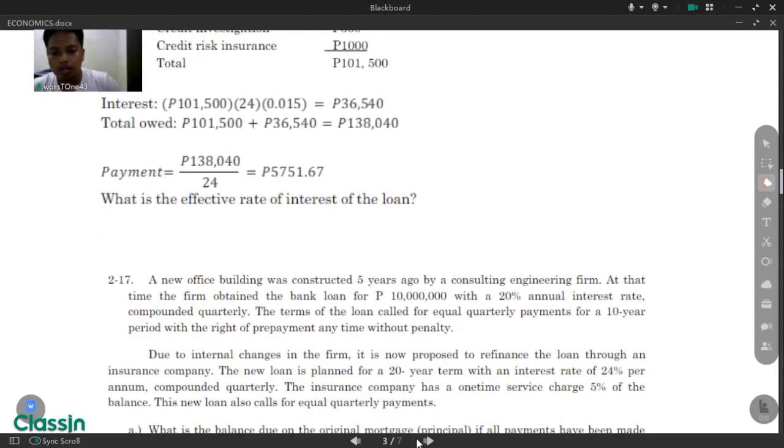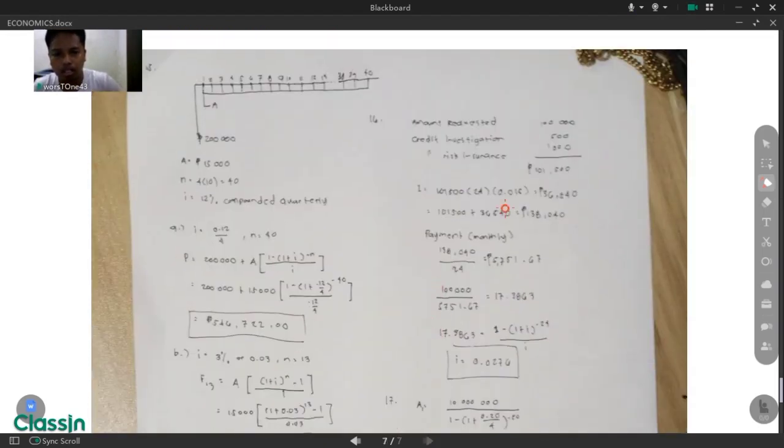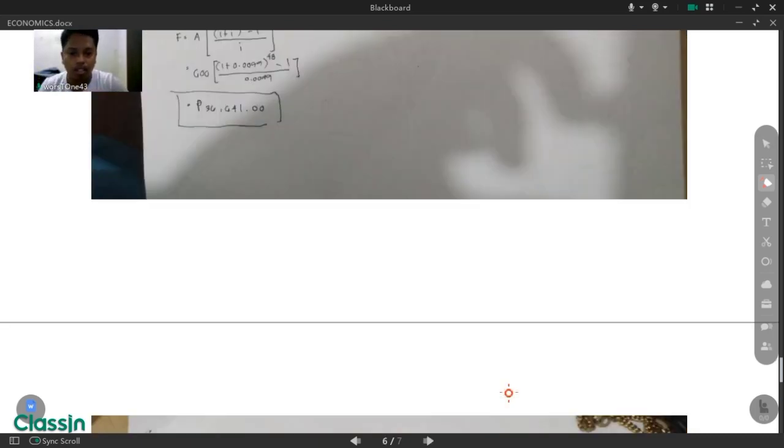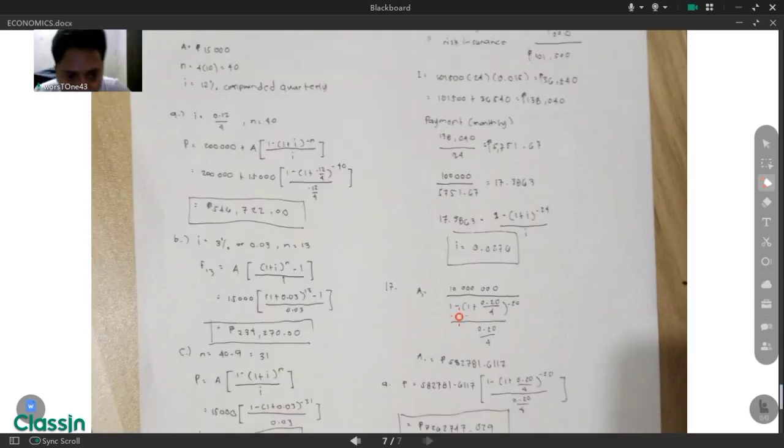Okay, let's proceed to the answers. 16. Amount requested, I already discussed this. Monthly payment. The formula for the effective rate is 1 minus 1 plus i to the power of negative n. So we have 100,000 over 5,751.67 equals 17.3863.